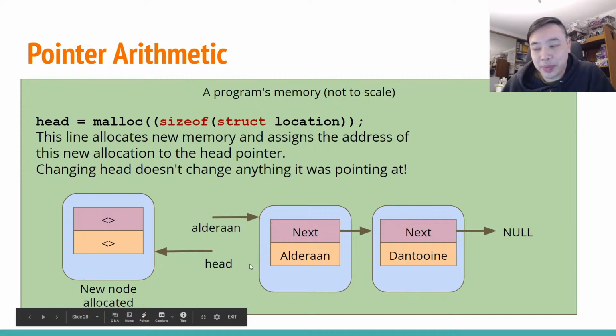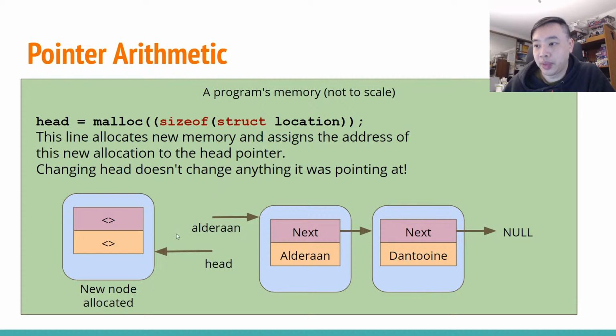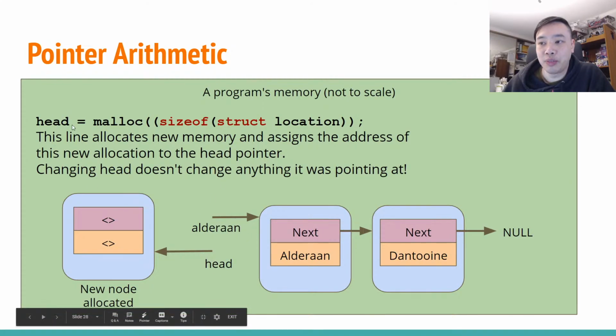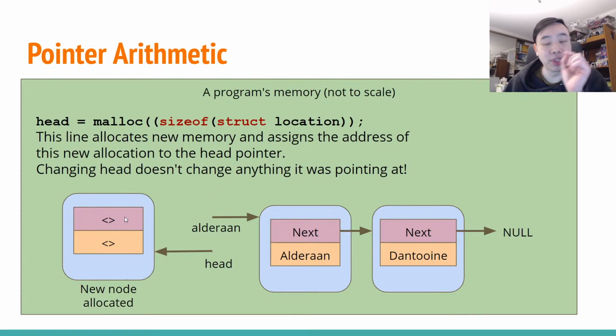what actually happened here was, instead of this malloc affecting what the head pointer was aimed at, the malloc actually creates a new memory location here, a new struct in memory, and then it changes where the head pointer aims, so the head pointer now aims at this. So the trick is, there's no star and no arrow here.